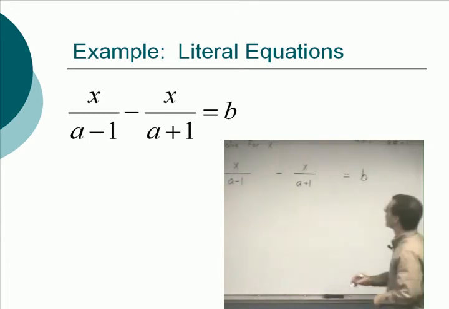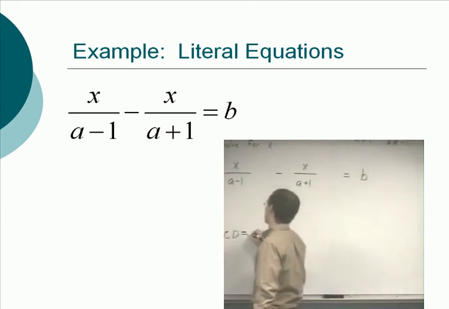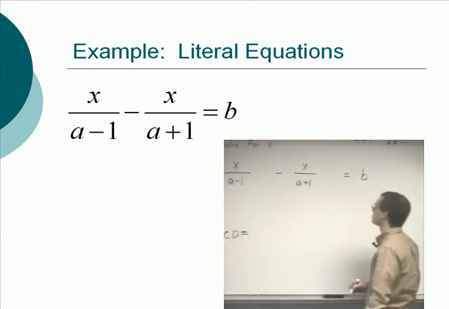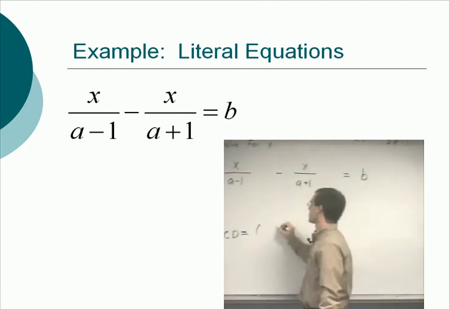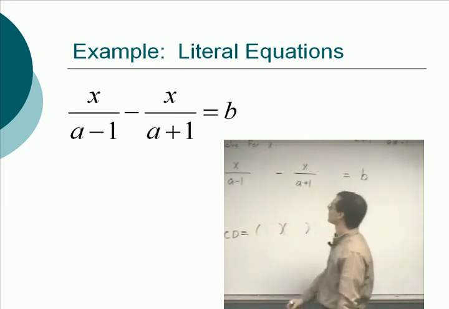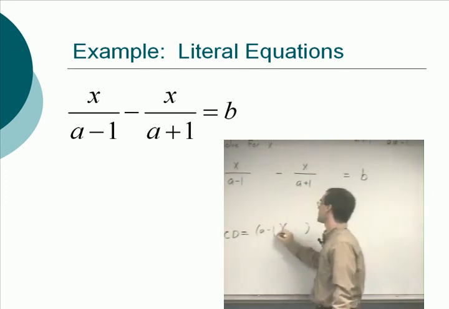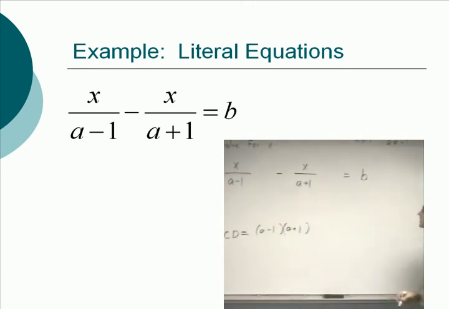So that means we need to know our LCD. And the LCD is? A minus 1 times A plus 1. So there's our common denominators. Now we're going to multiply every term by that LCD. All of our fractions will disappear.